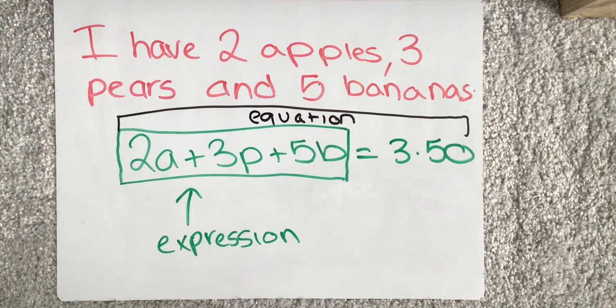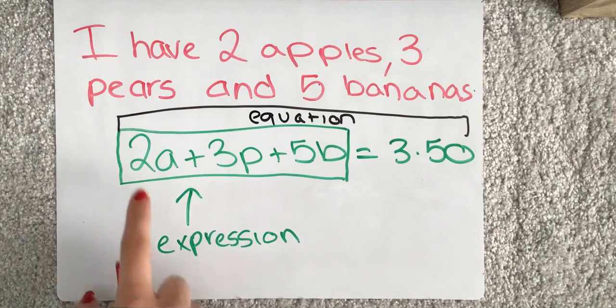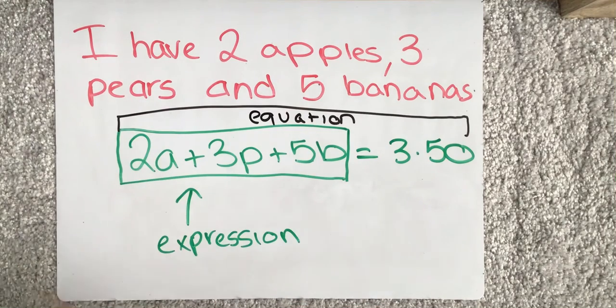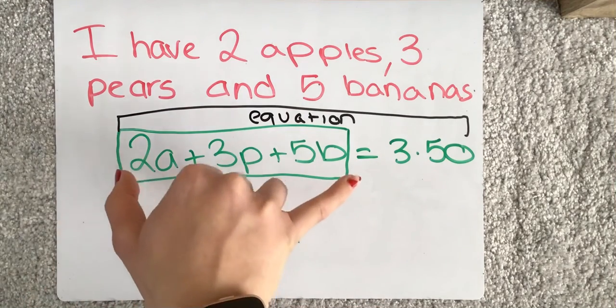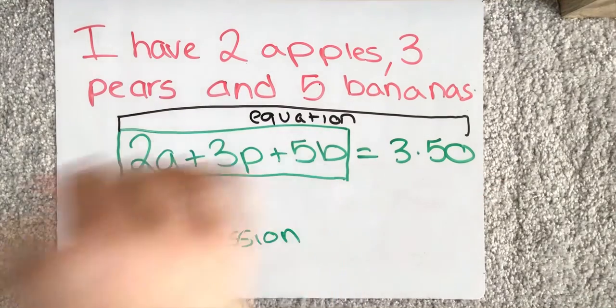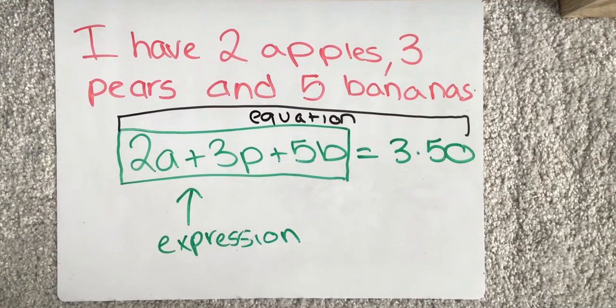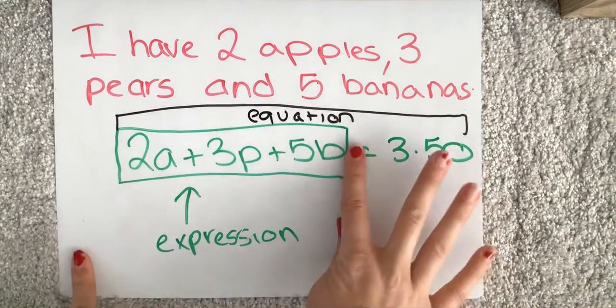So don't worry about solving that. What is important is just knowing this is the expression, this is the equation. If you were ever asked to solve something like this, they would probably tell you the cost of the apples and the cost of the pears and want you to work out the cost of the bananas. So don't panic too much that I've just given you a really complicated equation.